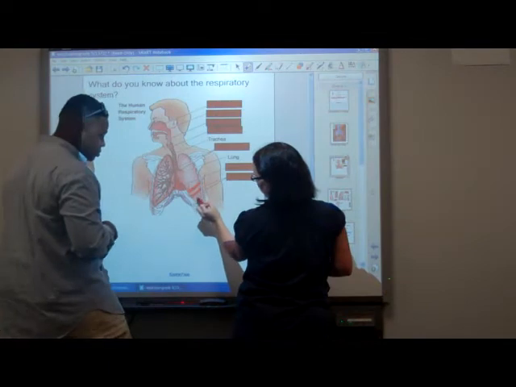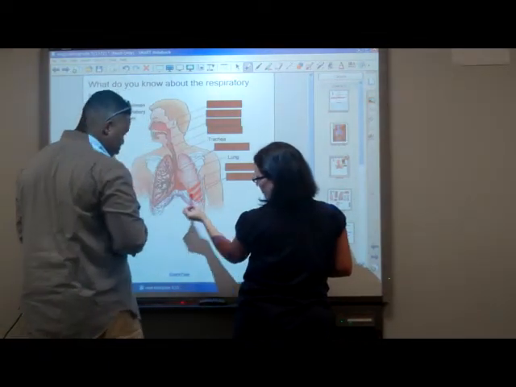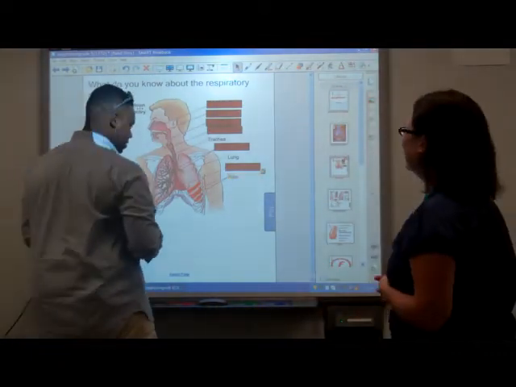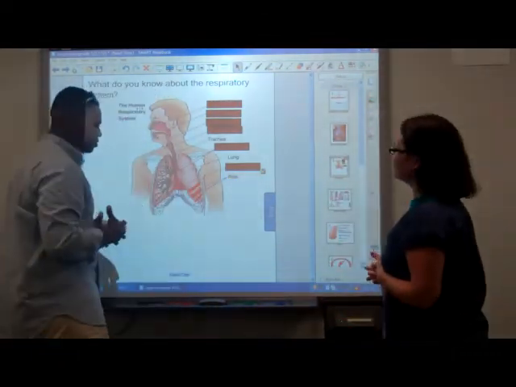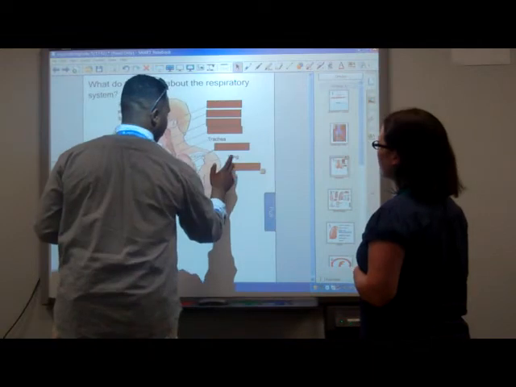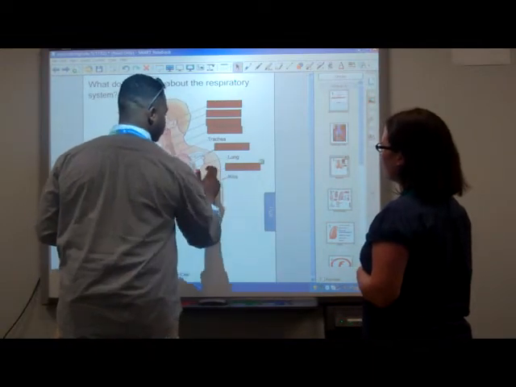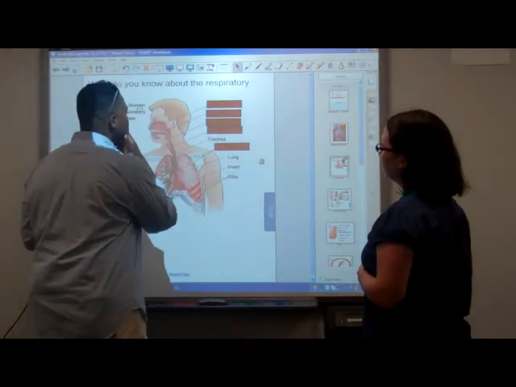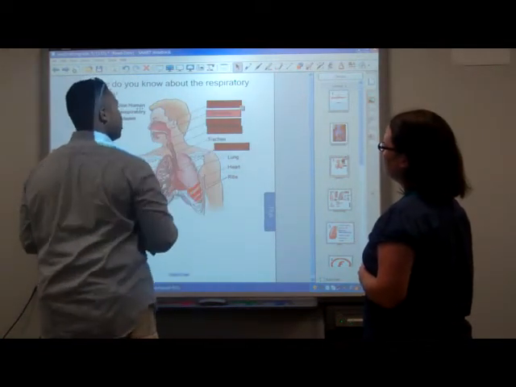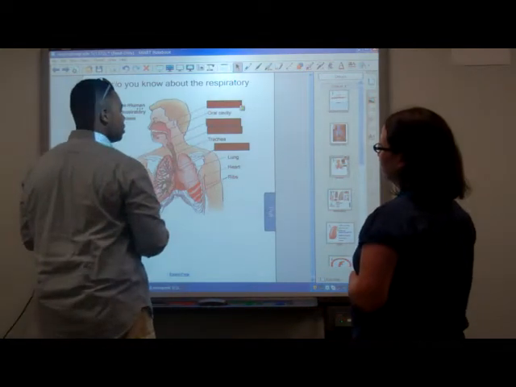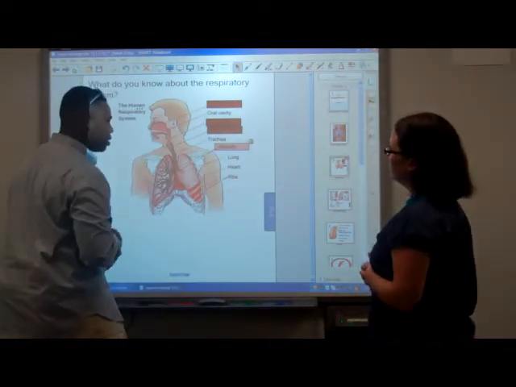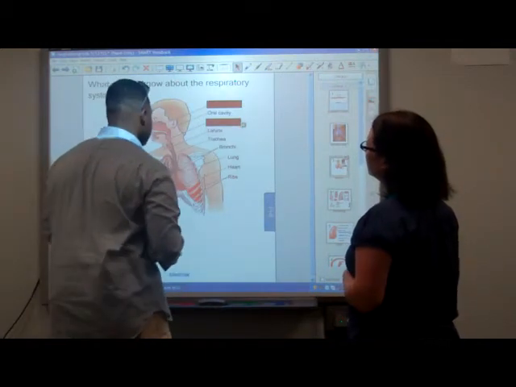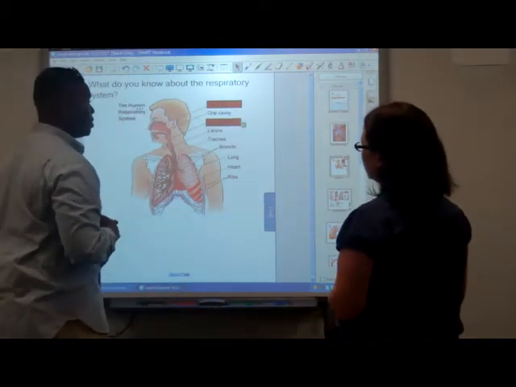Yes, that protect our ribs. So what would these be called? Oh, ribs. You just gave it away. Sorry. So ribs are protecting our lungs. Well, I can tell this one is part of that, the heart. And what else do I know? This one is the oral cavity. And I think this one is the bronchi. And we have the larynx. And that's the only two I really know, Miss White.